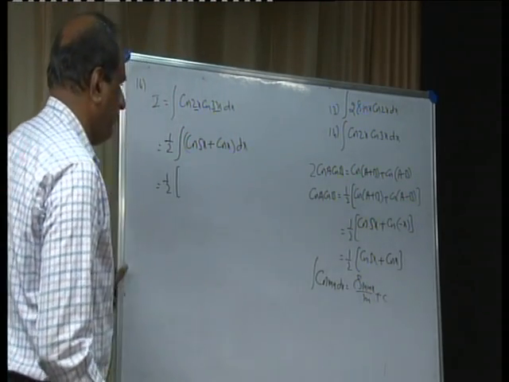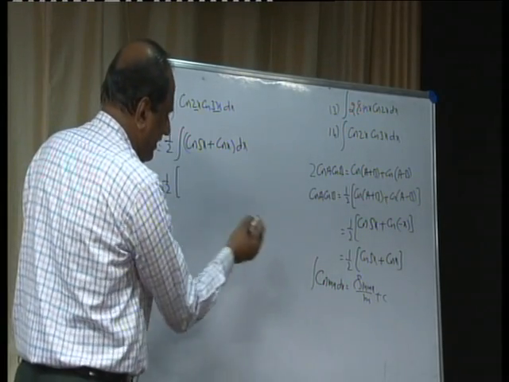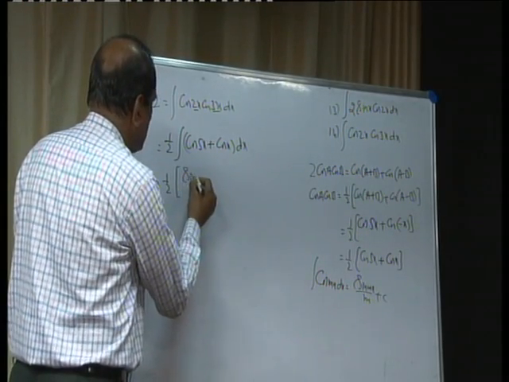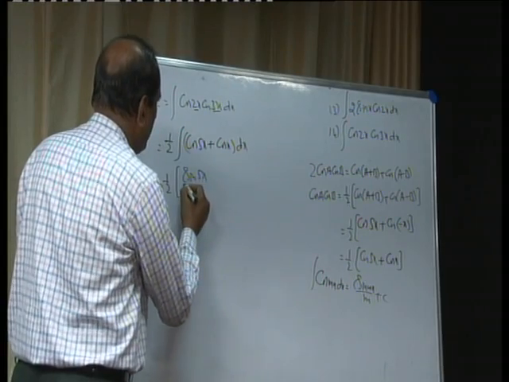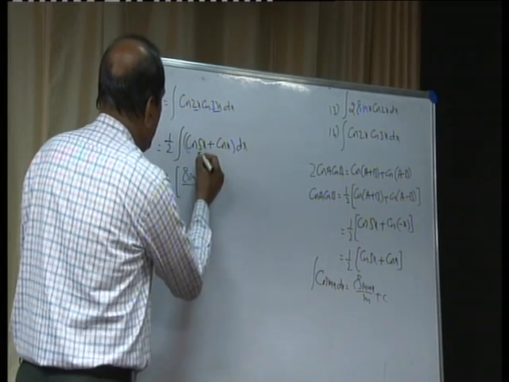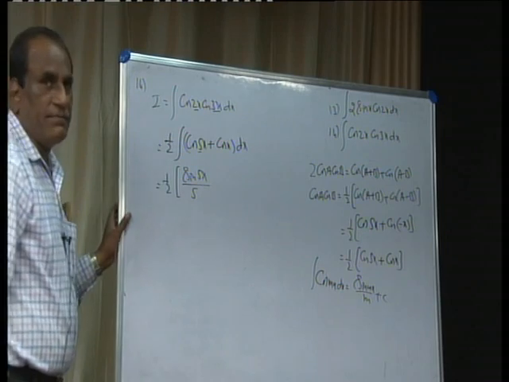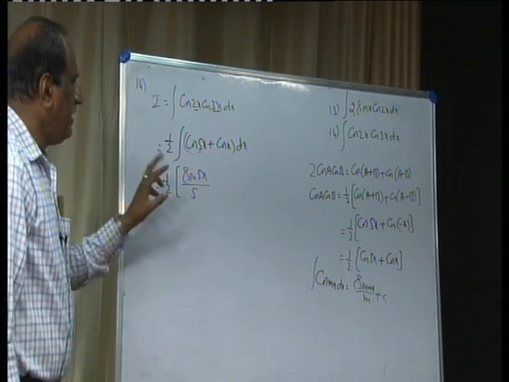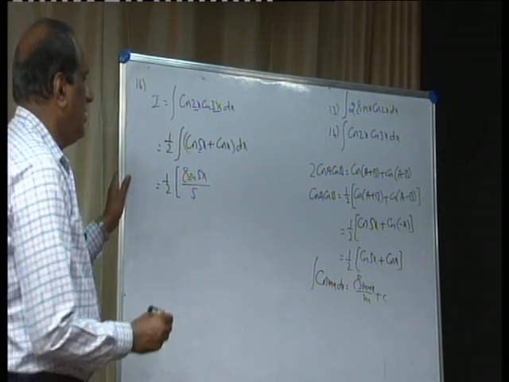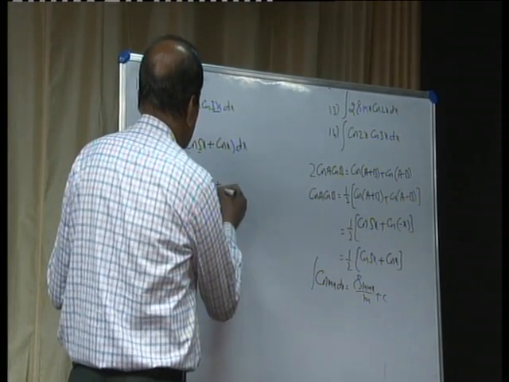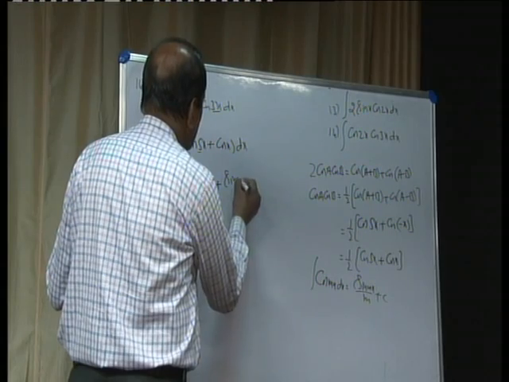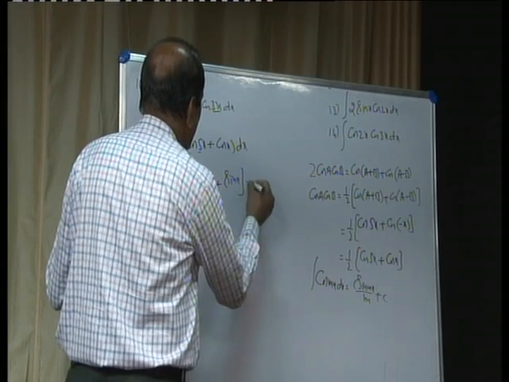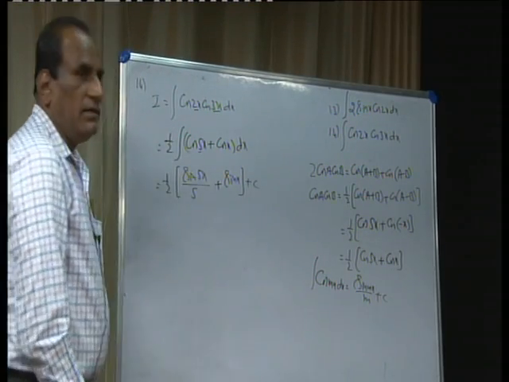Cos 5x: m is 5, so sin 5x by 5. Now, the integration of cos x is sin x, after integration so write plus c.